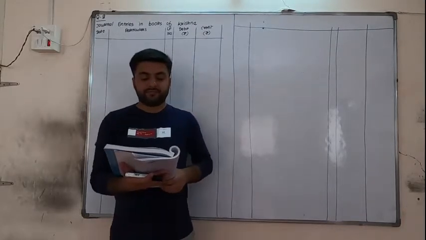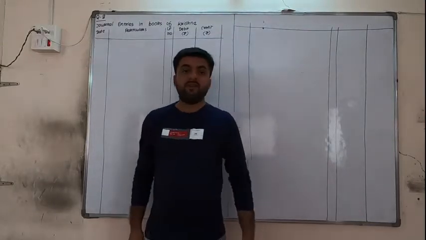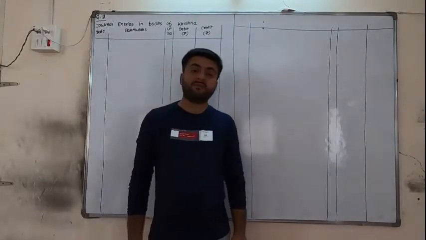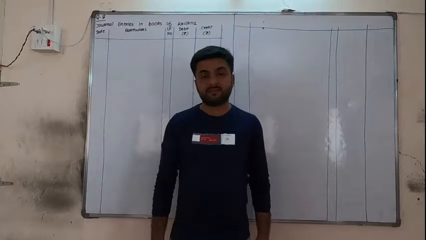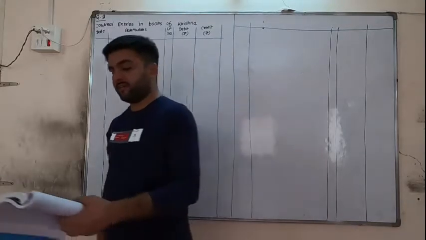First March, 20,000 deposited with the bank and opened the account. We are depositing the money in our bank. Bank is the receiver of our money and cash is going out from us. So bank debit, cash credit on 1st March.